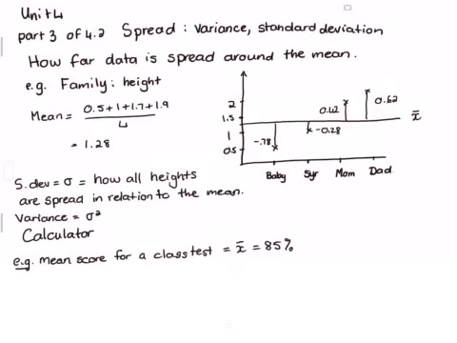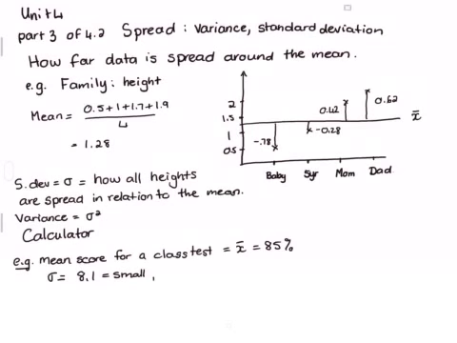Let's say also that when we worked this out, in other words, we took all the data, all their marks, we found the mean, we also found the standard deviation, and it was 8.1. Now compared to 85%, that is small.